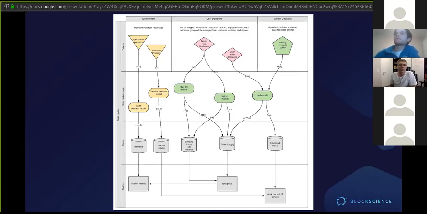Something we're doing: the first version is usually on a whiteboard or a piece of paper. It can be super low tech. Pen and paper, man. Going old school.